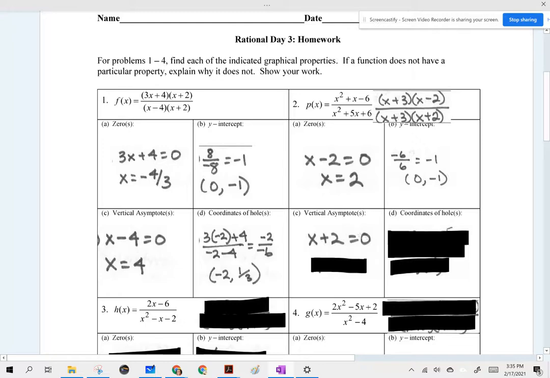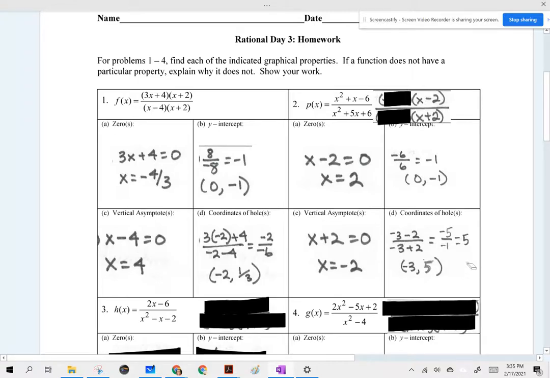The vertical asymptote is going to be x plus 2, which gives you x equals -2. And then the hole. The hole is going to be at x = -3 because of the x plus 3 top and bottom. So once you remove the x plus 3, you plug it into what's left, and you end up getting -3/5.